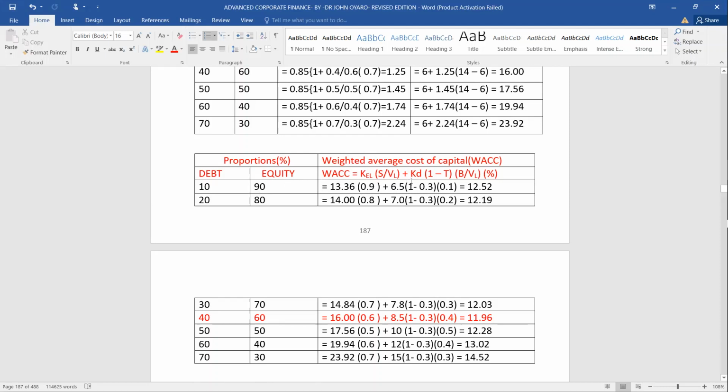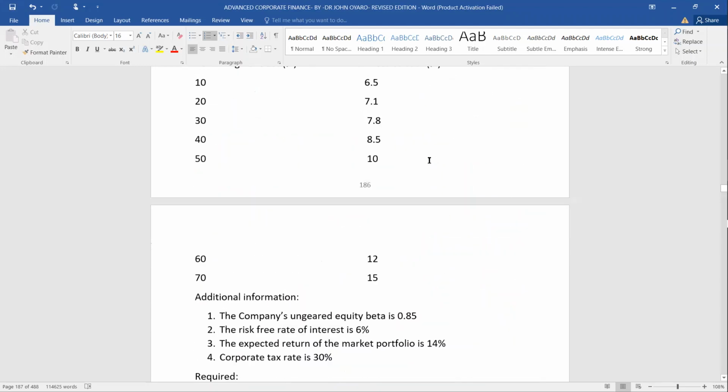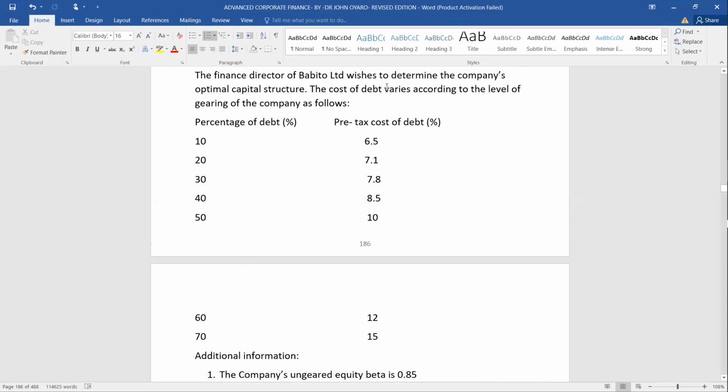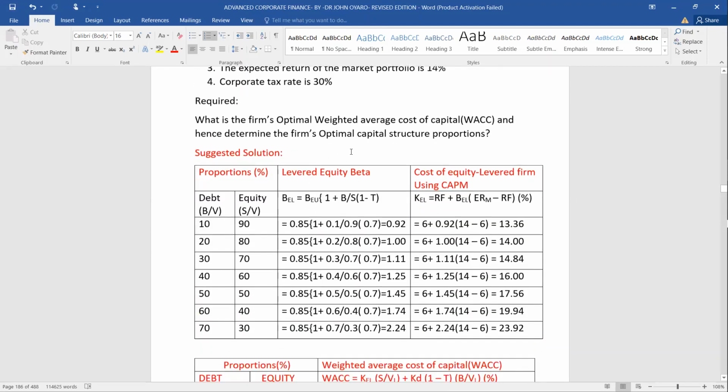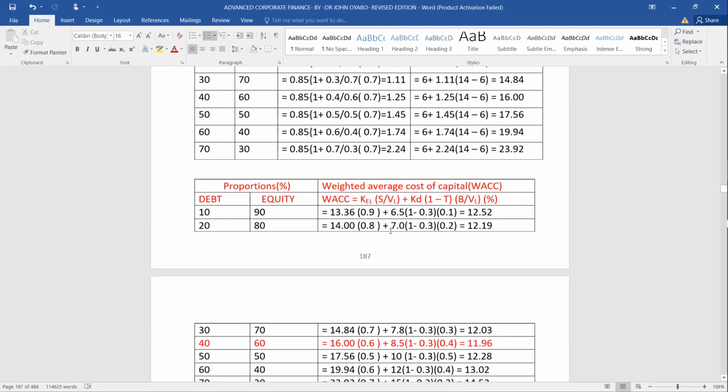Now, KD is the before tax cost of debt. At 10% debt, the before tax cost of debt is given here, 6.5. We take before tax cost of debt, 6.5, times 1 minus corporation tax rate, times the market value proportion of debt, 0.1. Is the weighted average cost of capital 12.52?